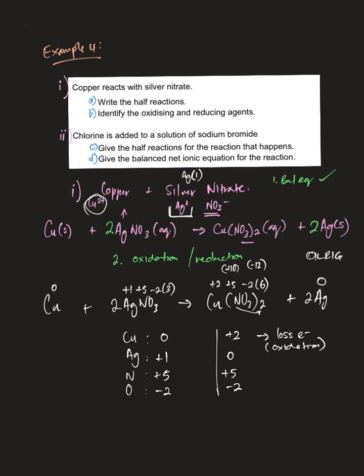Then with the silver, it went from +1 to 0, which means there was a gain in electrons. So I've got the reduction. Now with that, can you see the nitrogen and the oxygen? There are no changes, so they don't affect anything in this situation. Alright, so let's have a look then.